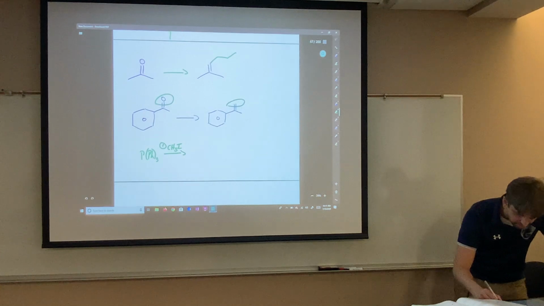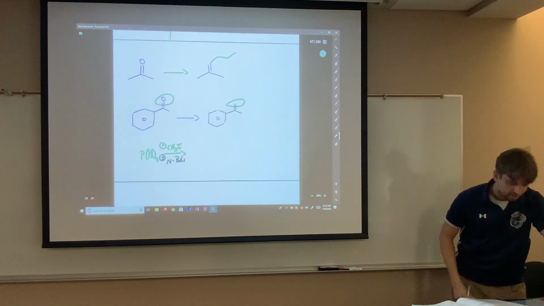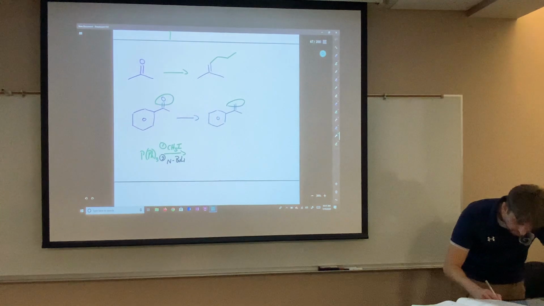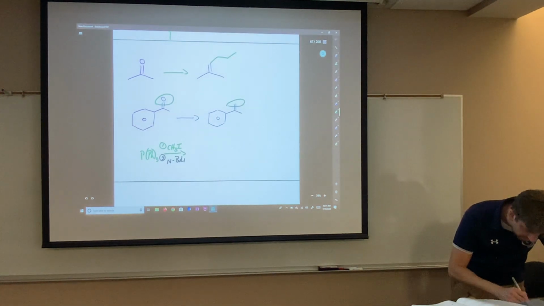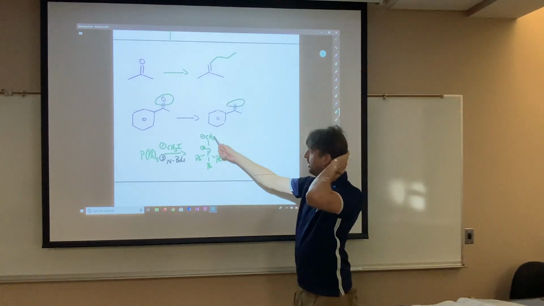We're doing chemistry on paper, right? Every time I try and set up a Wittig, I better bring in my base to make the ylide salt. And so my product here would be, okay, here's my ylide salt.